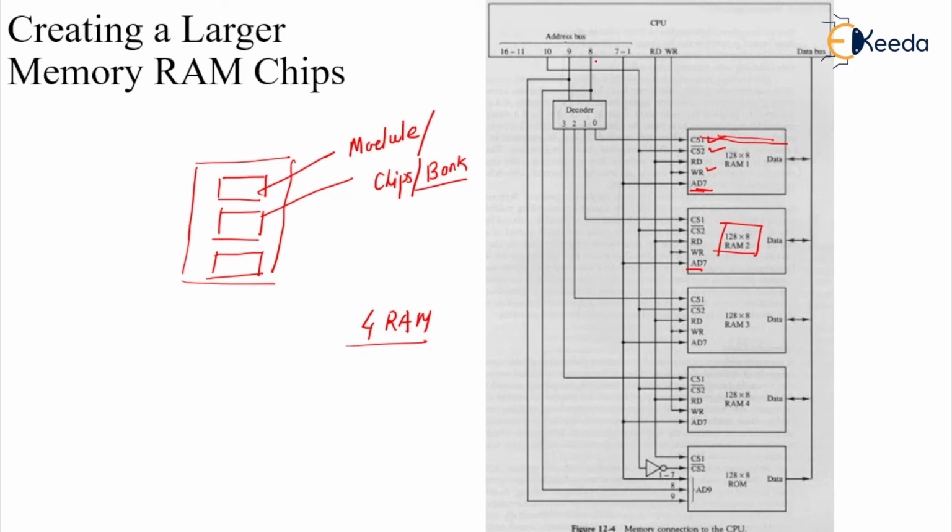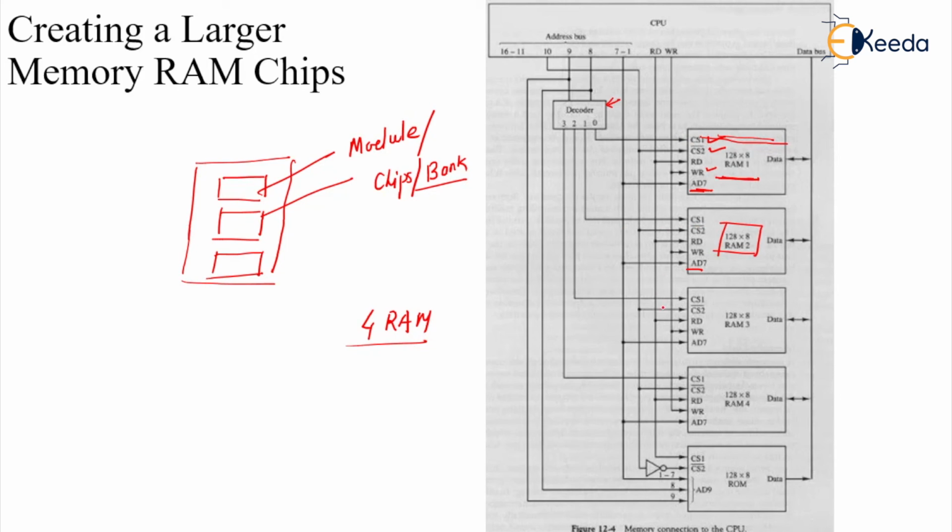Now look at the 8th and 9th bits of this. So now we have 1 to 16 as our address bus. Among this, 1 to 7 is used for the address within the RAM, and 8 and 9 are used to decode this. The output of this decoder goes to the active high CS1.